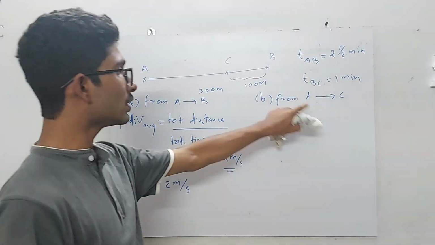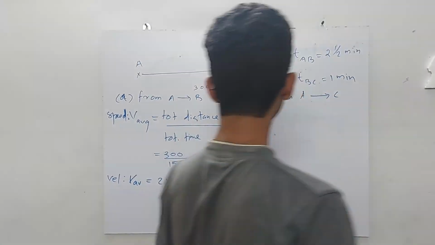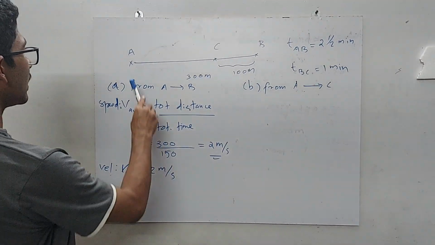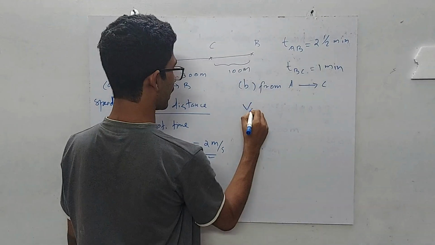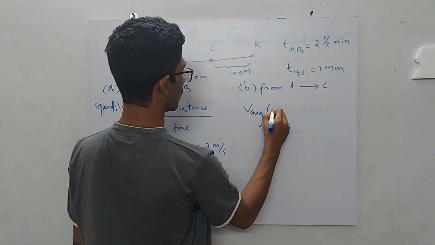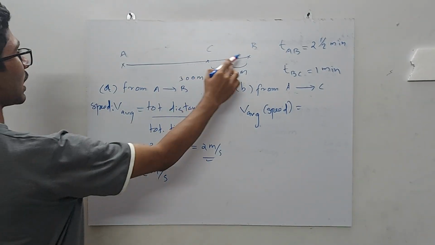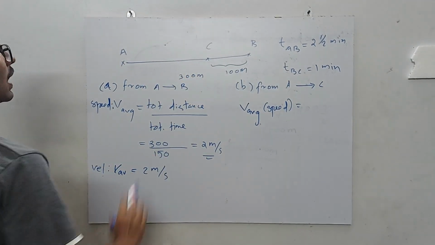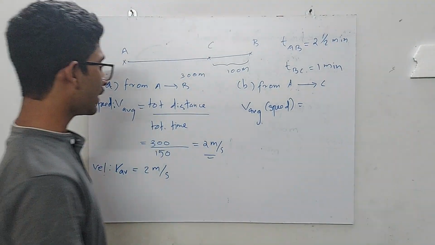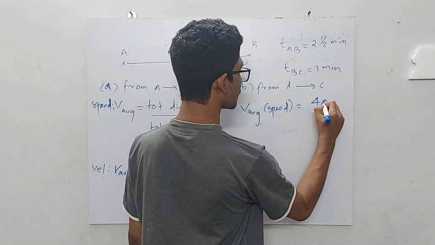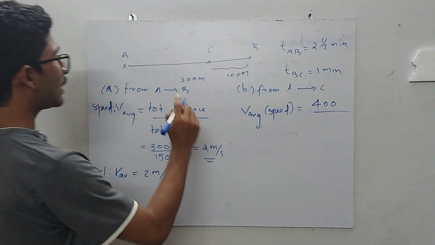Now let's consider A to C motion. This is more important. In A to C motion, let's find the average speed. He has covered 300 meters plus 100 meters, so the total distance covered is 400 meters. And what is the total time taken?